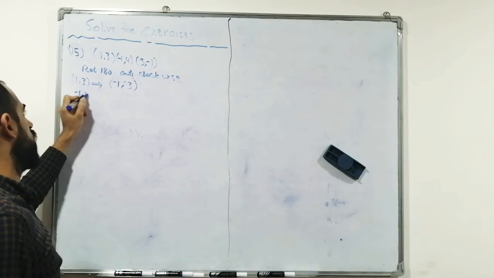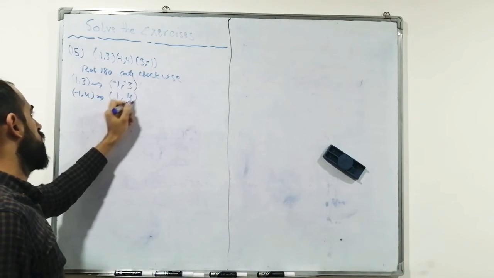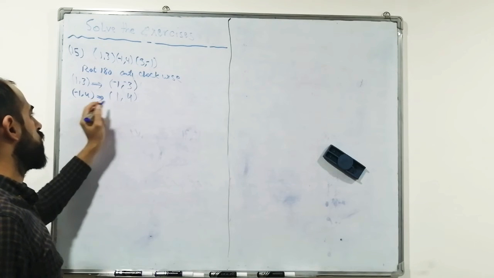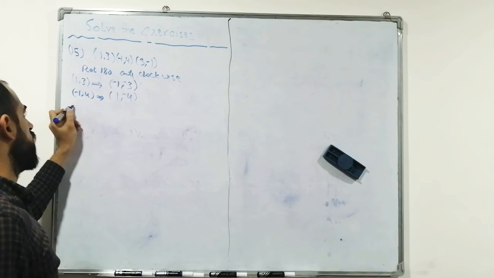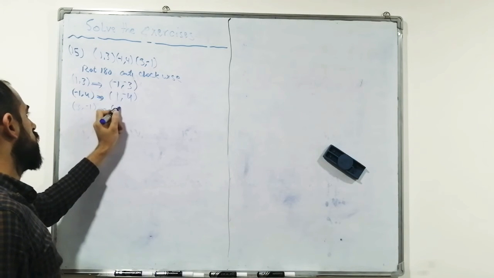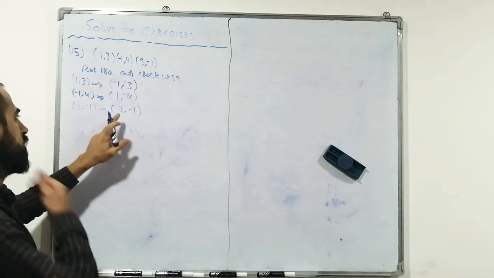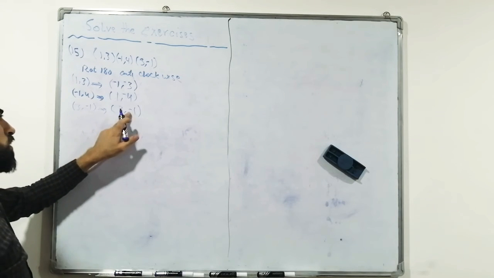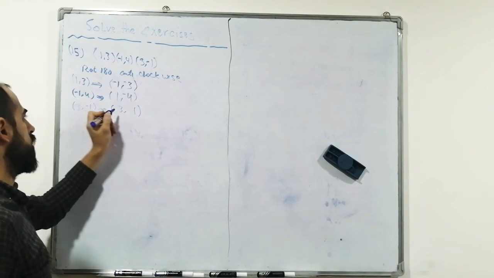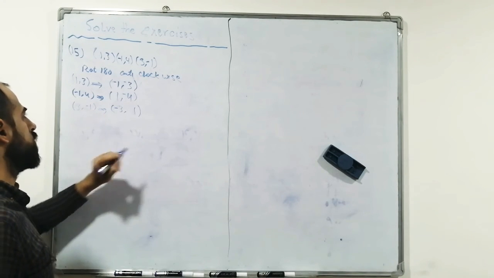Now (-1, 4) will become (1, -4). And (3, -1): we don't have to swap the coordinates, but we change the sign of the two parts. 3 will become -3 and -1 will become 1.